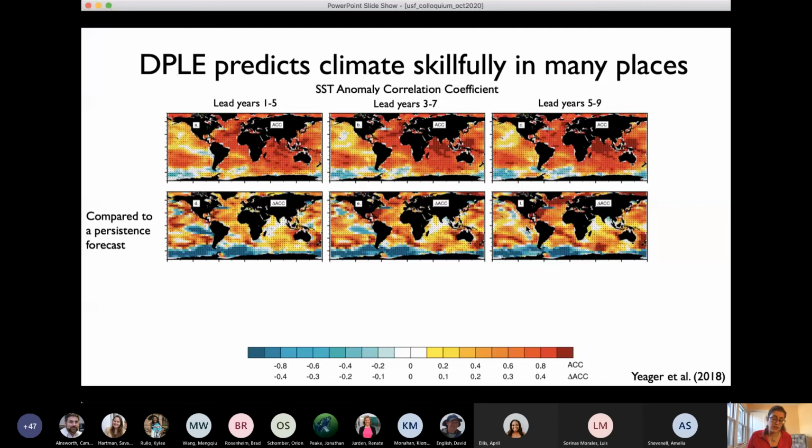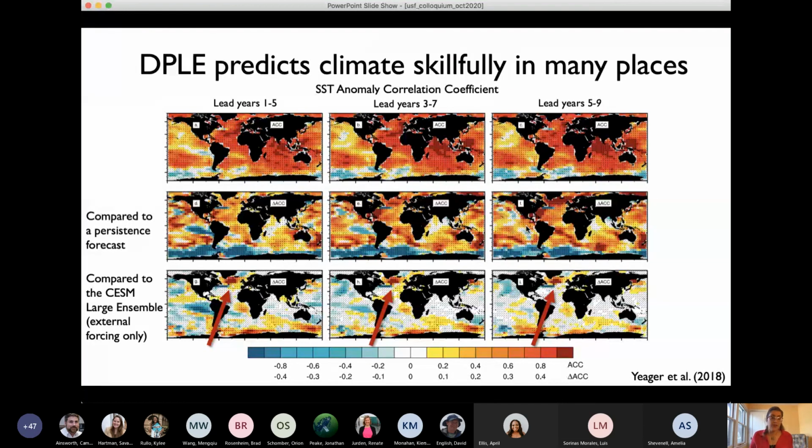And we think that's because of the kind of processes that I described earlier. The harder bar is to compare against the CESM Large Ensemble, which includes your upward greenhouse gas effect. And what you can see is that the improvement you get over the CESM Large Ensemble is much more mixed.